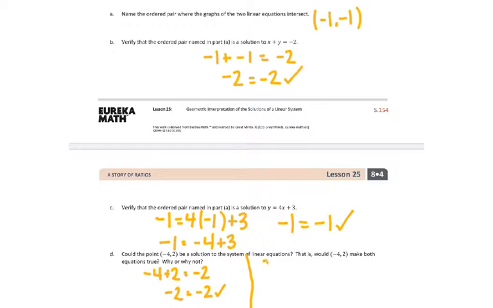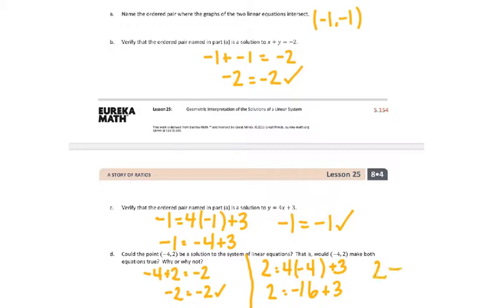So now we have 2 equals 4 times -4 plus 3. And now we can already see the problem with this statement, because now we have 2 equals -16 plus 3. And -16 plus 3 will never equal 2. In fact, it equals -13.